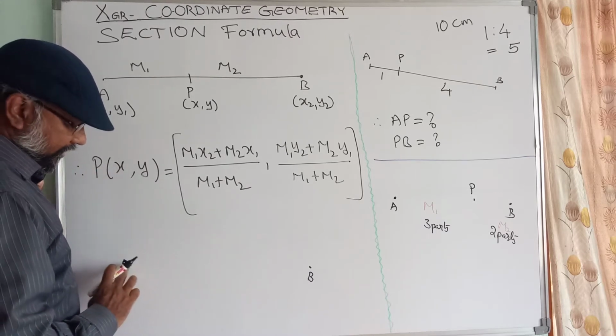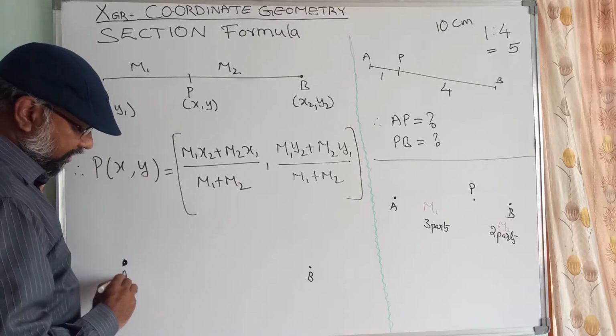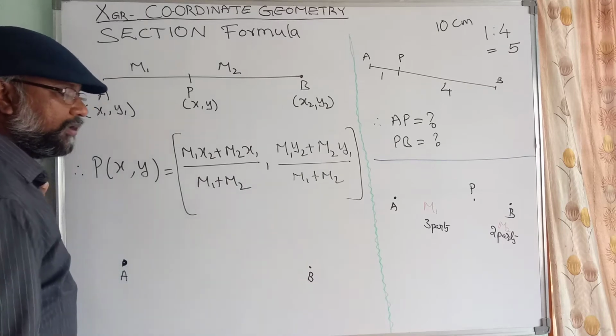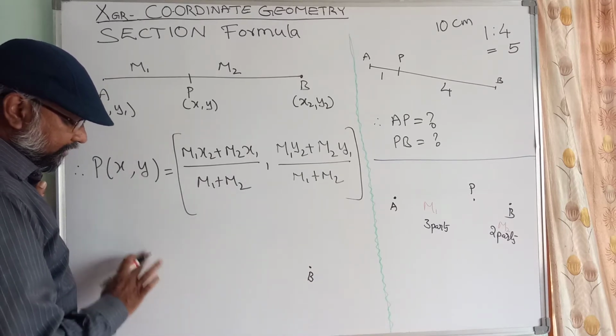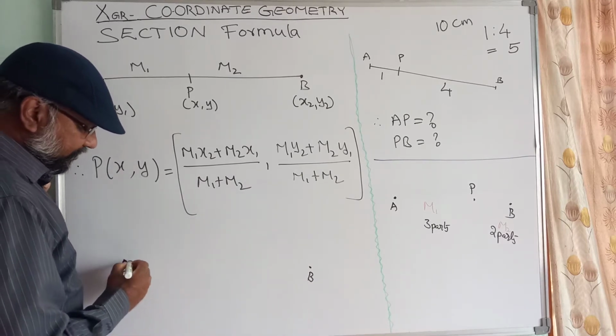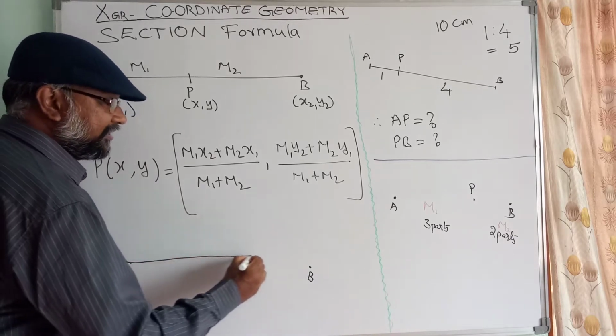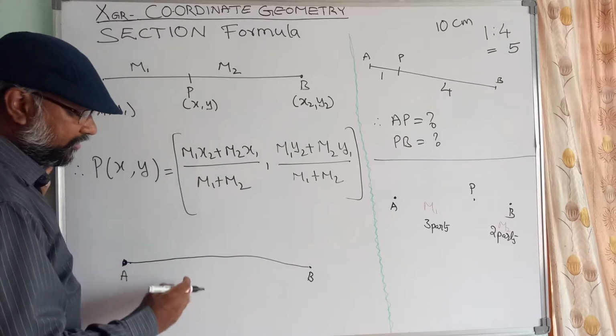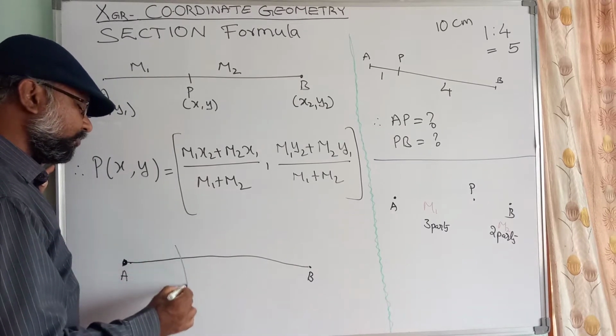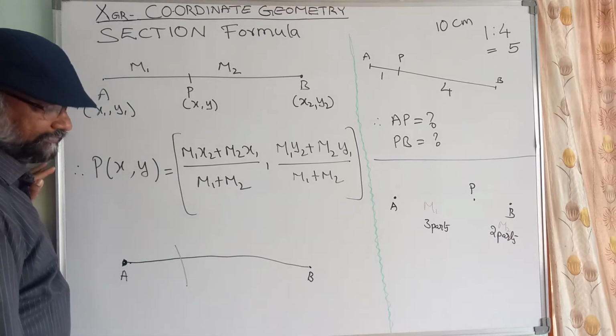Therefore, here we have a point called A and a point called B. Now we are going to separate the path or the distance into two or more parts. Clear?